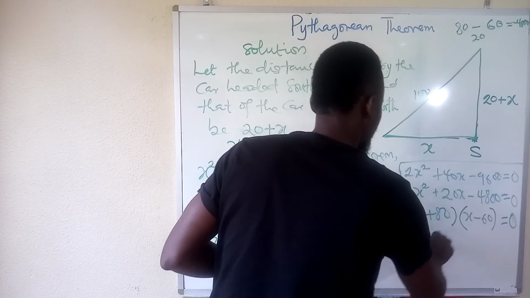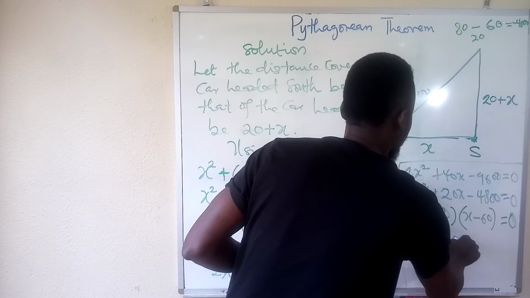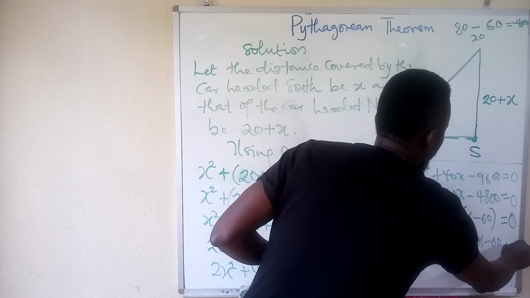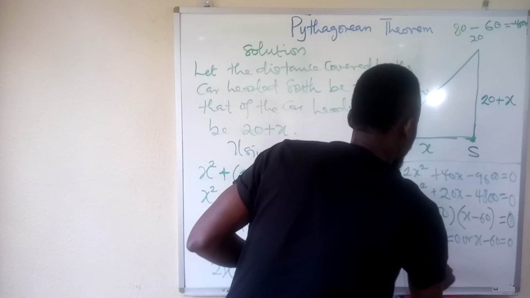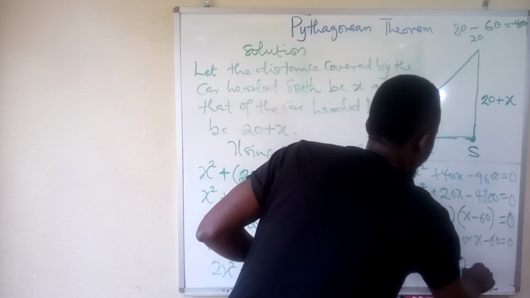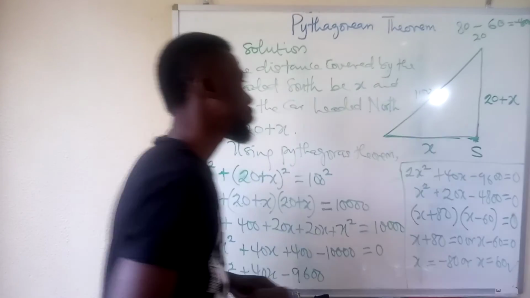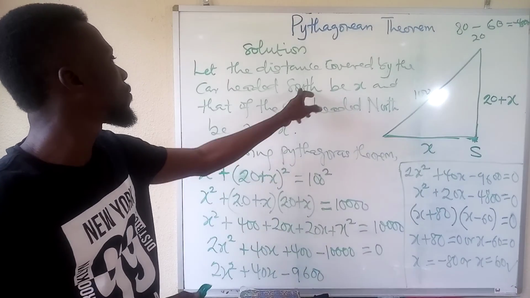Taking each bracket and equating it to 0, we shall have x plus 80 equal to 0, or x minus 60 equal to 0, and so x is equal to negative 80, or x is equal to 60.